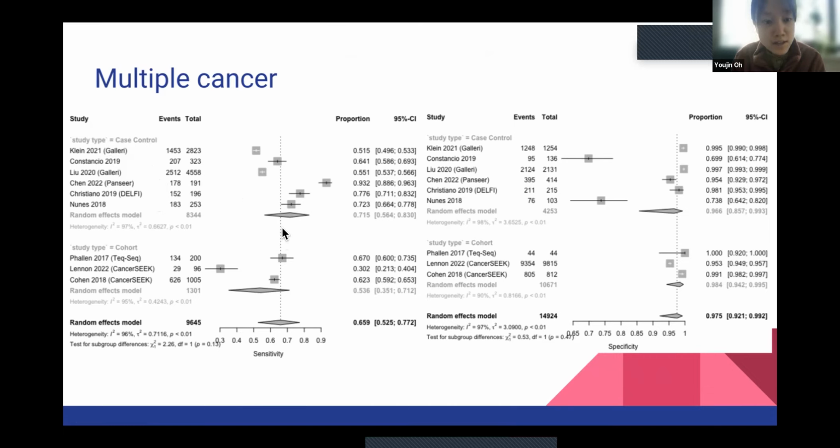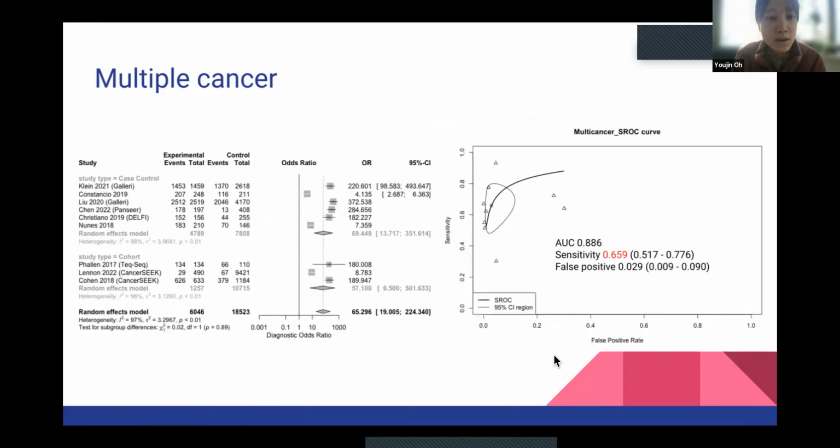Interestingly, for multi-cancer types, when we look at the test results covering all the cancer types, sensitivity is around 65%, and specificity is over 97%. And among the study types, there were no differences.